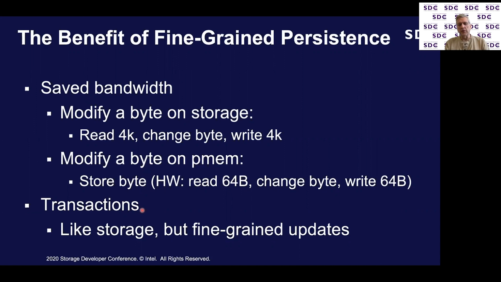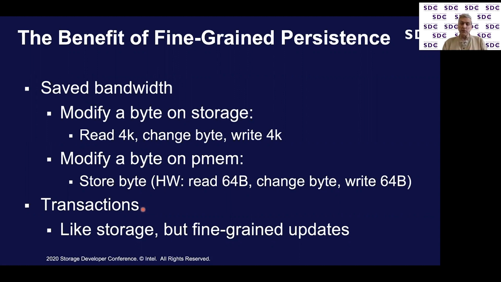And if you think about making a data structure consistent, that's persistent all the time, typically that's done with some sort of a transaction. For example, you might write log entries, but on storage, all you can do is write these 4K log entries, right? And there's been a lot of work over the past decades on optimizing that as much as you can, and making those logs be as optimal as possible, but you still have to write them in big chunks.